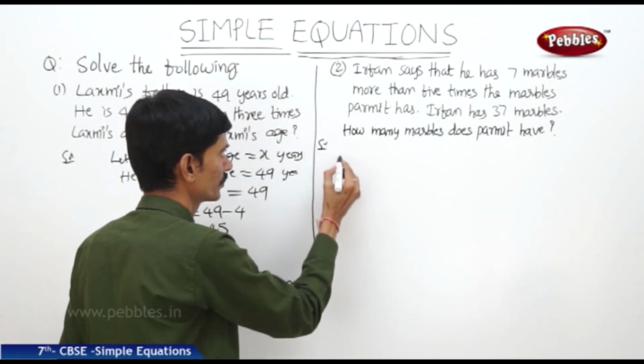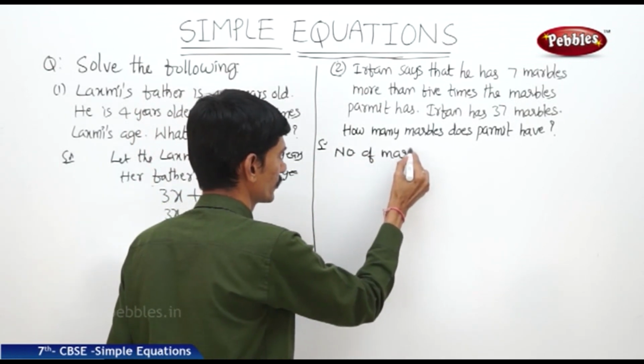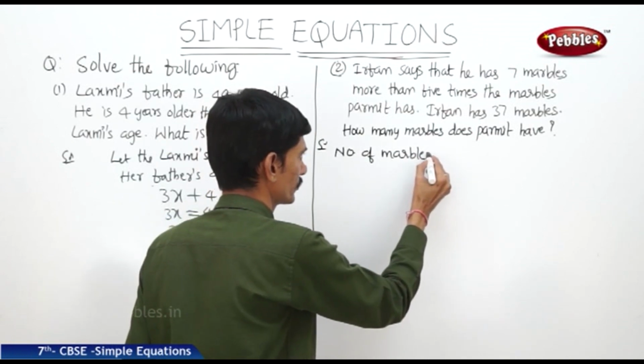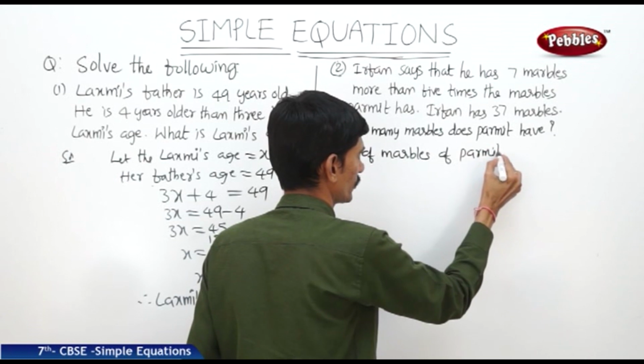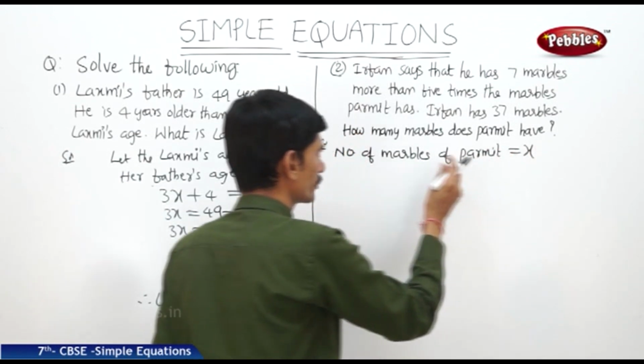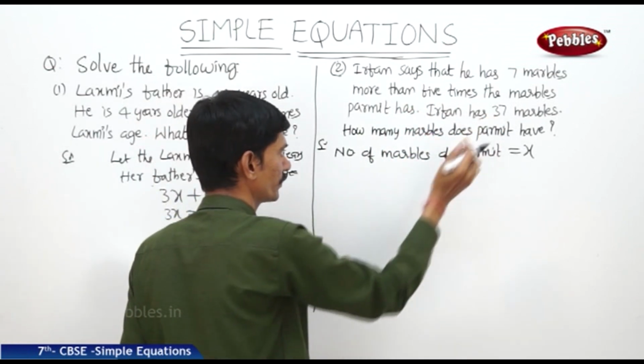So we will write number of marbles of Parmit equals x.